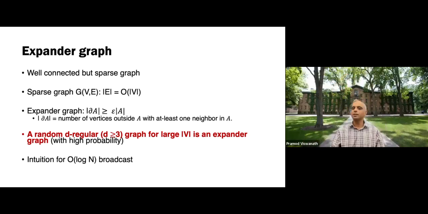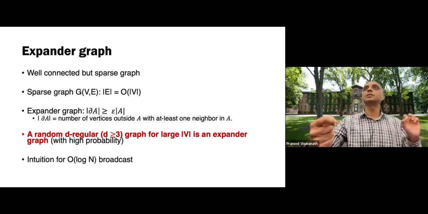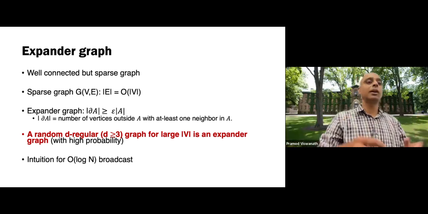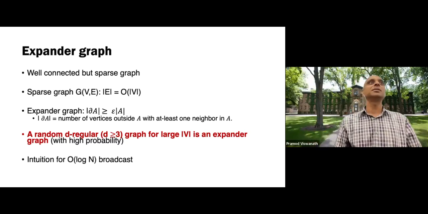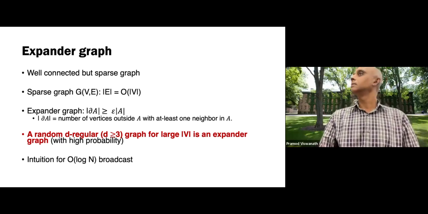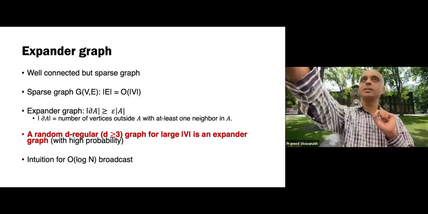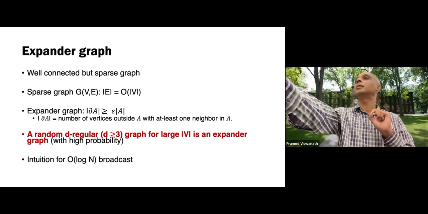A major point of graph theory is that if you just have a random d-regular graph, even a 3 is an expander. Expander simply means that the end-to-end paths, the diameter of this graph, is still very small, this log n. That's the intuition for building random graphs, because any node is not too far away in terms of hops from any other node.